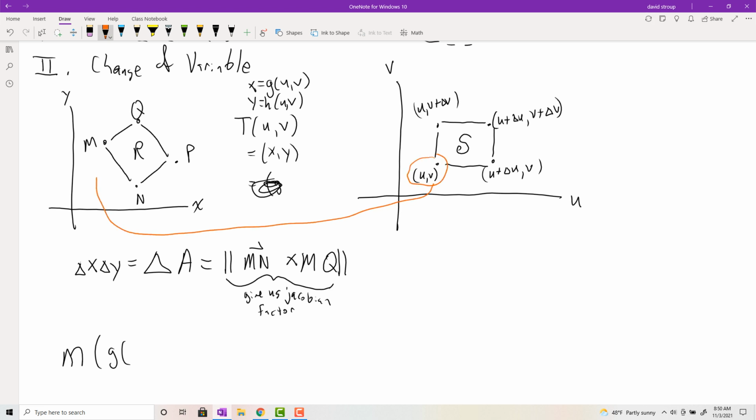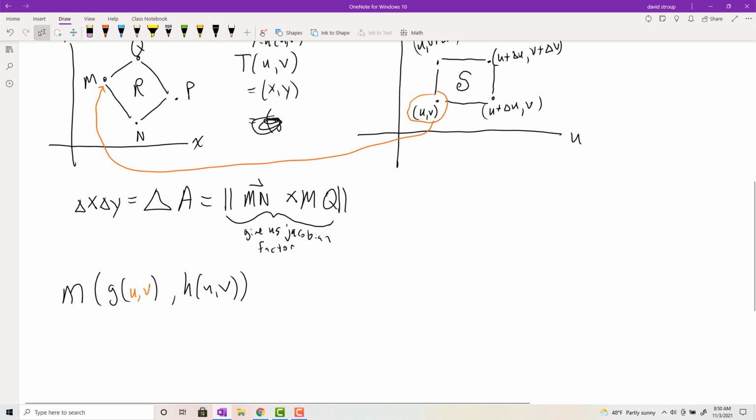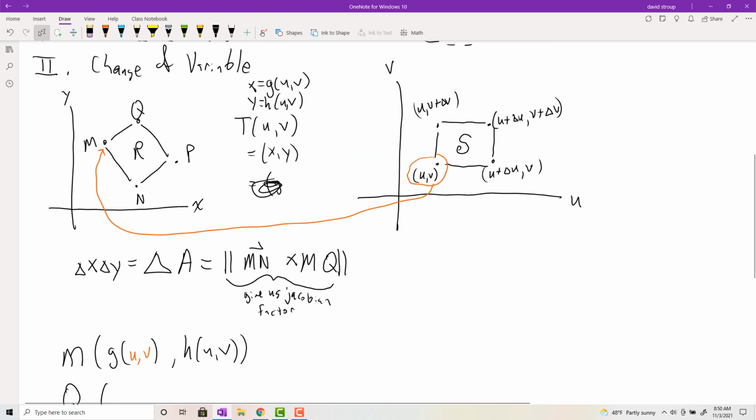So it's G of (U, V), comma H of (U, V). And then the other point Q, I'm going to say that's (U, V plus change in V) right here. That's going to be my Q.